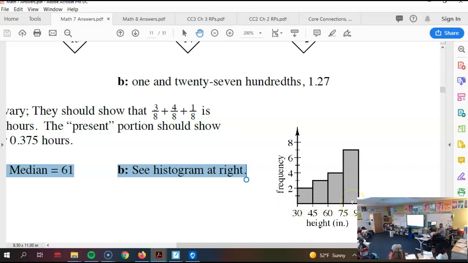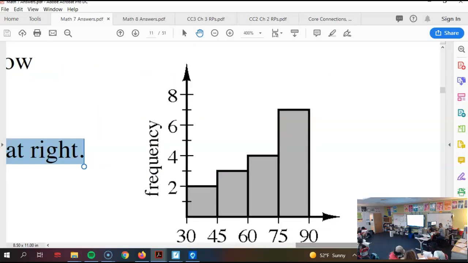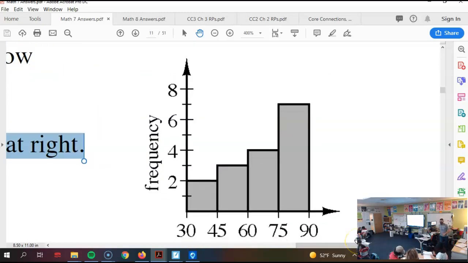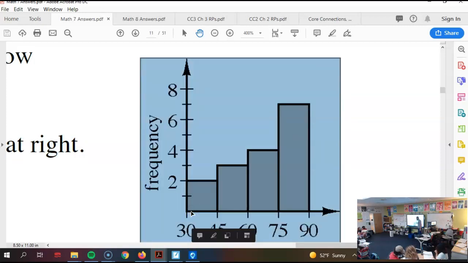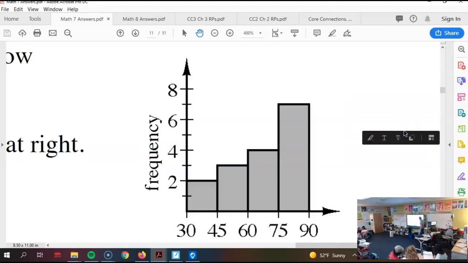Your histogram does not need to look just like this. All that matters is that the bins, I don't know why we call them bins, are all equal widths.